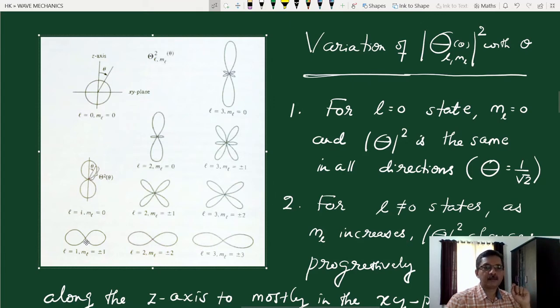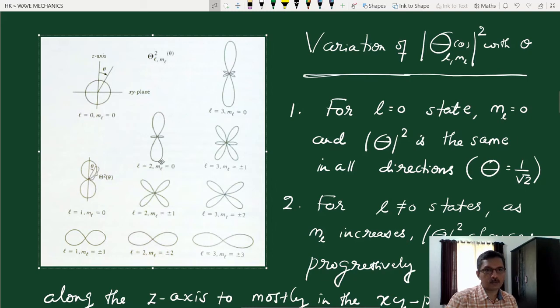See here, the lobes are along the xy plane, horizontal. Here the lobes are vertical along the z-axis for ML equal to 0. Here the lobes are along the horizontal plane. So as ML increases, the probability densities change progressively from that along the z-axis to that along the xy plane.